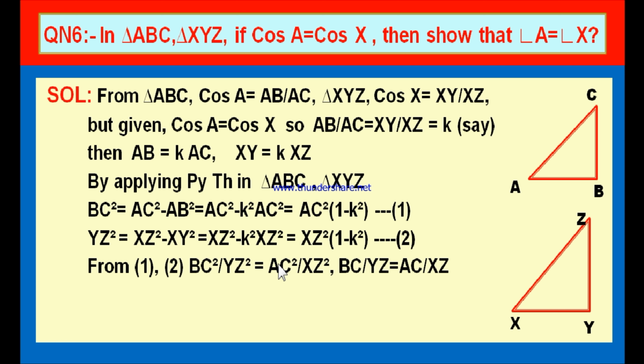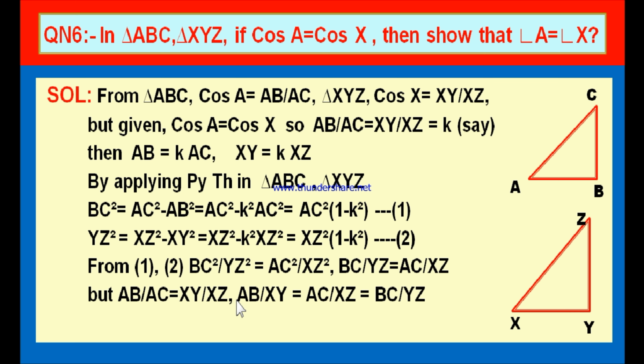As squares are there, you can remove them by taking the square root on either side. Then BC by YZ is equal to AC by XZ. But we already know that AB by AC is equal to XY by XZ.